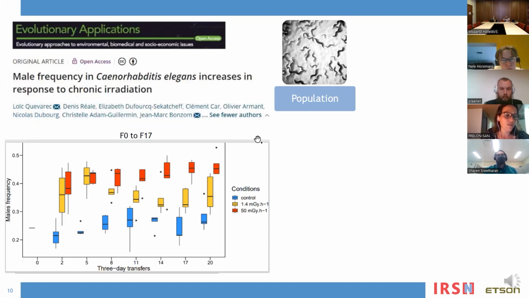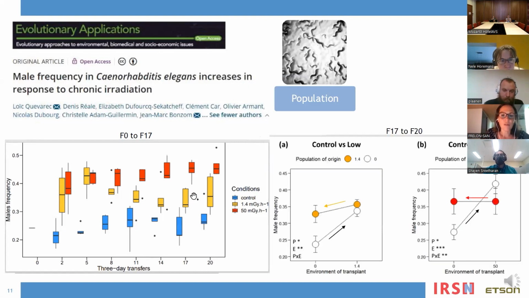Indeed, it increased the number of males, as we see on the graphic, above all at the higher dose rate. In addition, cross-condition exposure showed that the population seems to be adapted at the higher dose rate, whereas it seems only acclimated at the lower one, since it tends to come back to the basal level once in the control condition.